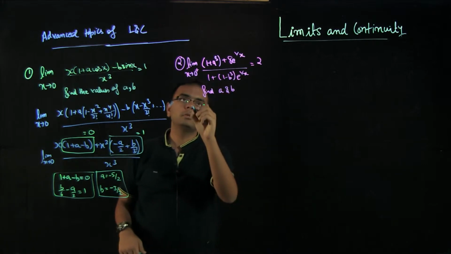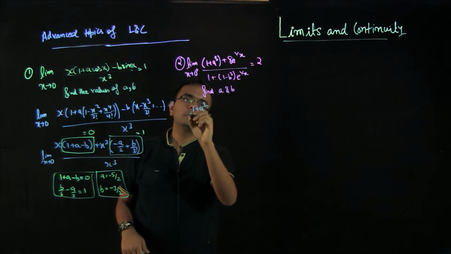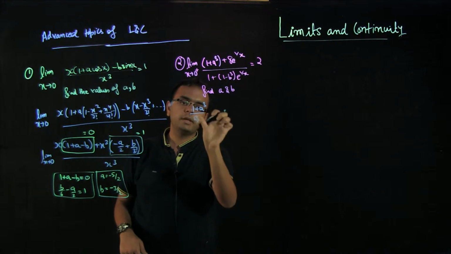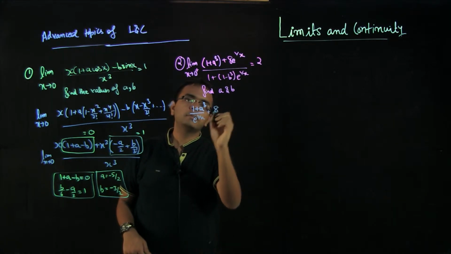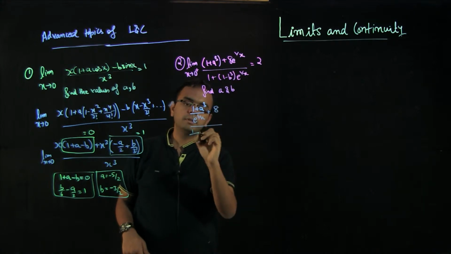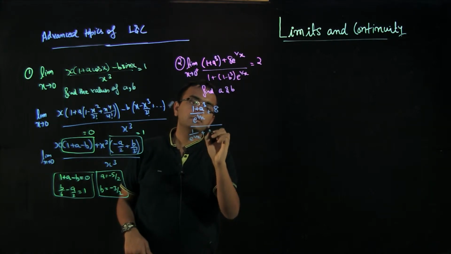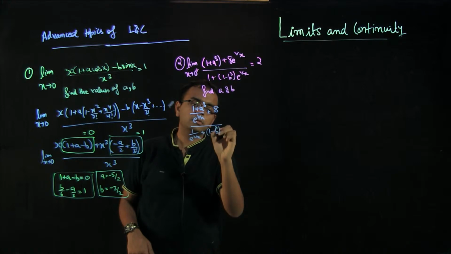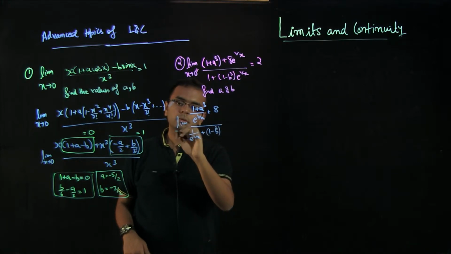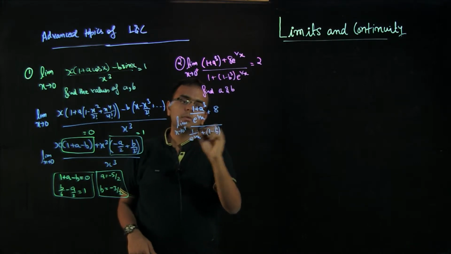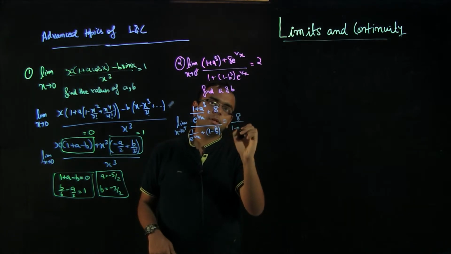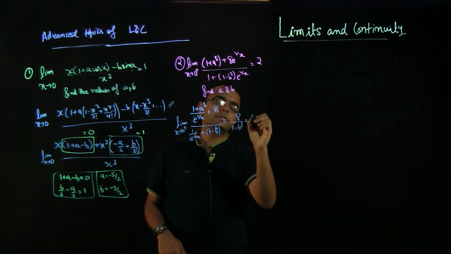In other words, we get (1 plus a cube by e raised to power of 1 by x plus 8) by (1 plus e raised to power of 1 by x plus 1 minus b cube), and this becomes 8 by 1 minus b cube, and this is equal to 2.